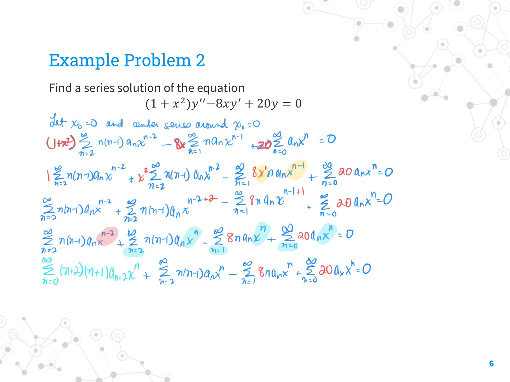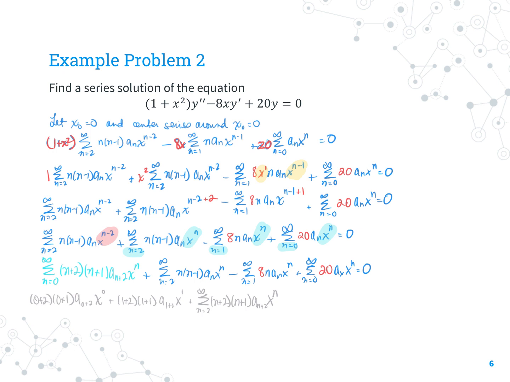So when n is 0, we get 0 plus 2 times 0 plus 1, a sub 0 plus 2, x to the 0, plus our a sub 1 term now is going to be 1 plus 2 times 1 plus 1, a sub 1 plus 2, x to the 1. And then we have the rest of the sum from n equals 2 to infinity of n plus 2 times n plus 1, a sub n plus 2, x to the n.